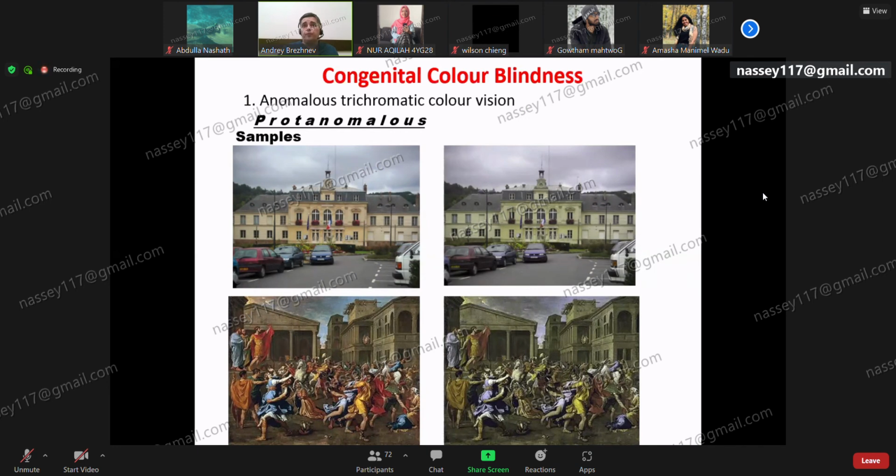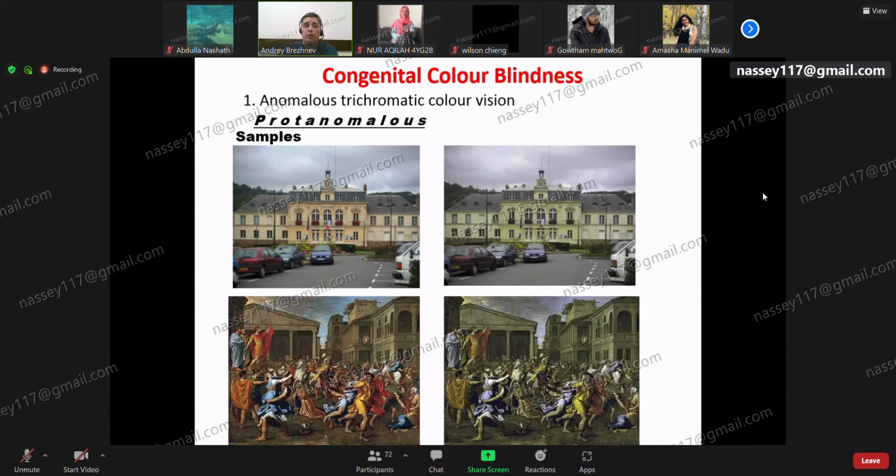So here you see examples of anomalous color perception, which may be protanomalous, when we can see anomalous perception of the red color, then deuteranomalous of green color, and tritanomalous of the blue color.